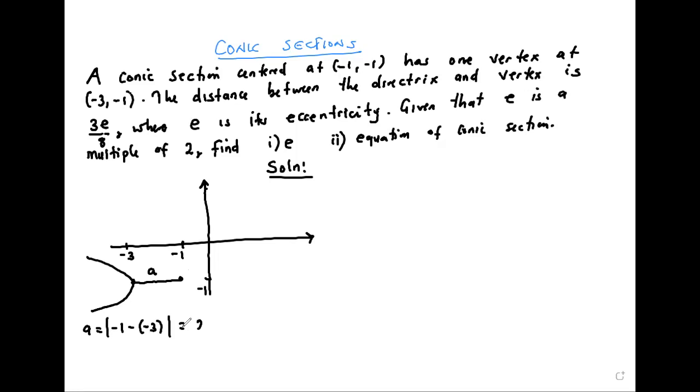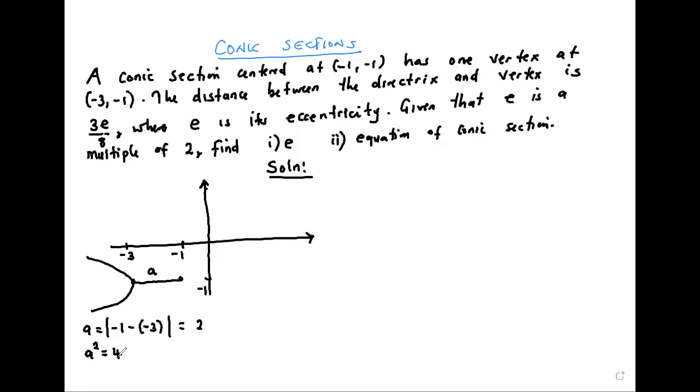That's the distance between -1 and -3. So a is 2. If you want a squared, a squared is 4.